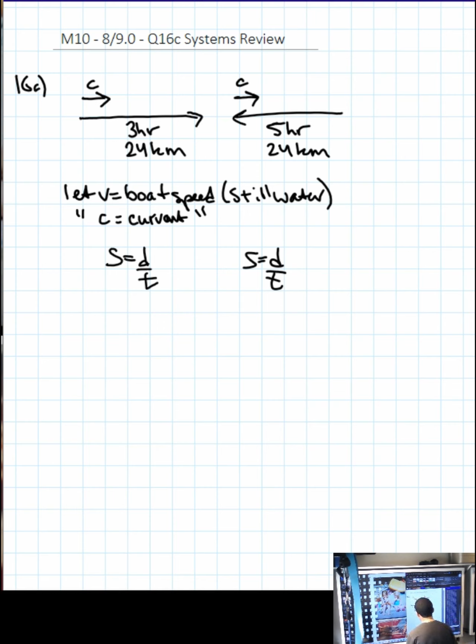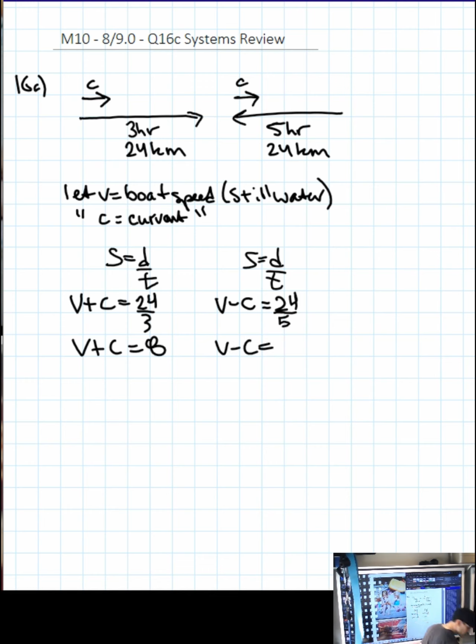So when we're going with the current, our speed will be the velocity of the boat in still water plus the current equals the distance, 24 over 3. And then on the equation on the right, we're going against the current, so it's going to be v, the velocity of the boat, minus the speed of the current equals the distance, 24 over the time, 5. So these equations are going to clean up nicely. So we have v plus c equals 8, and we have v minus c equals 24 divided by 5, which is 4.8.